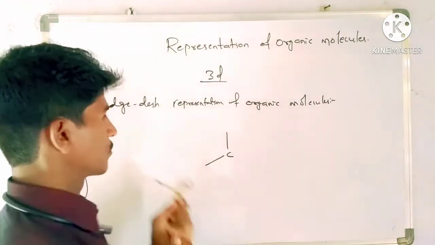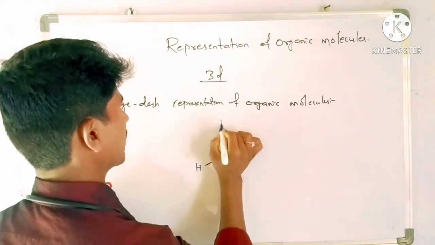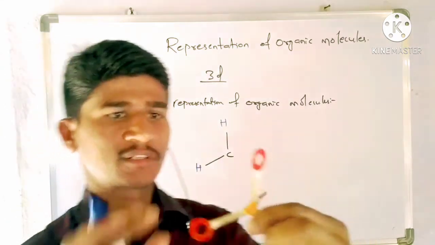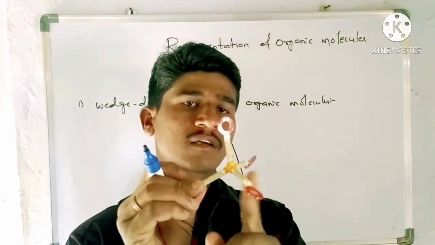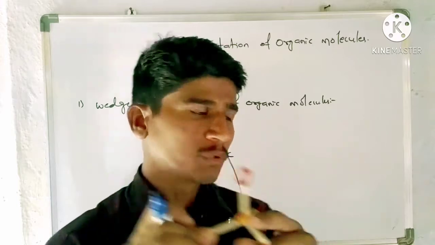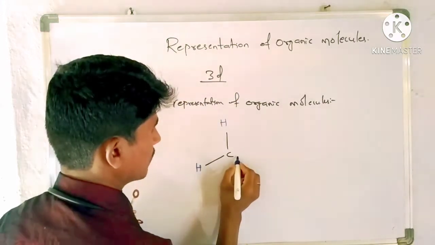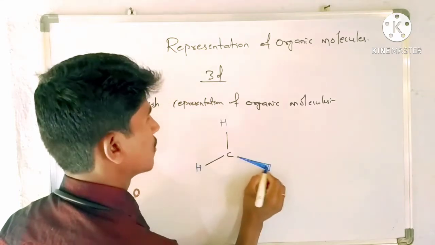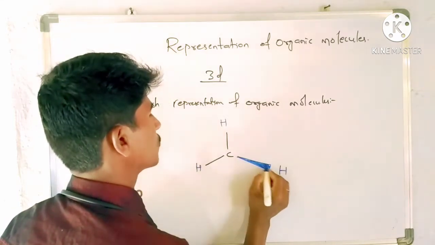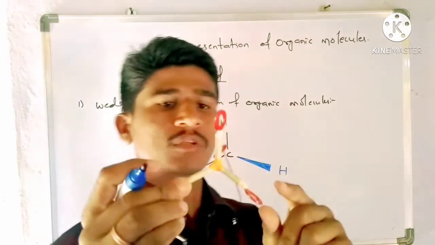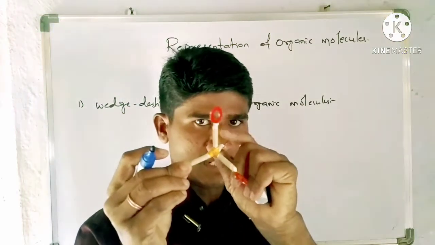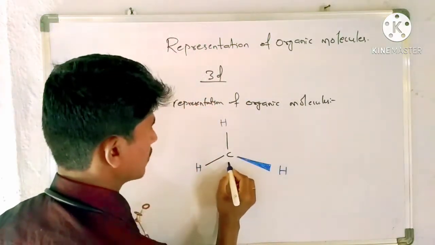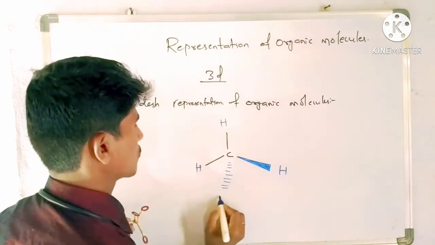This one is above the plane and towards the viewer, so it is a solid wedge. And the hydrogen below the plane is represented using the dash wedge.